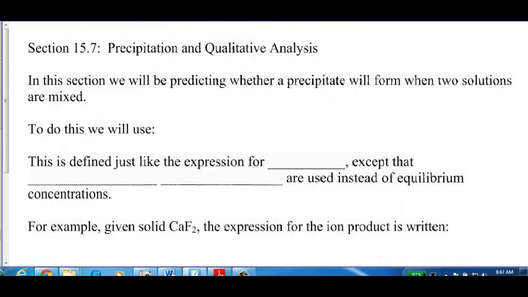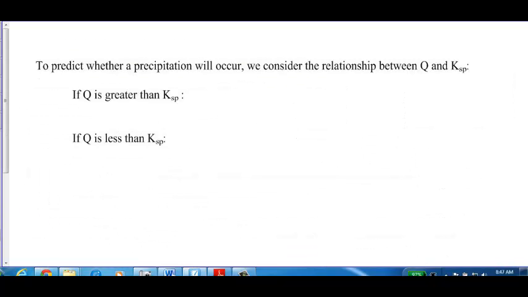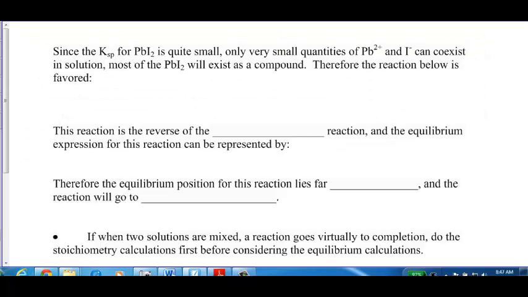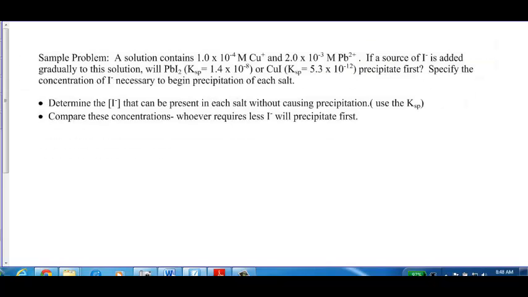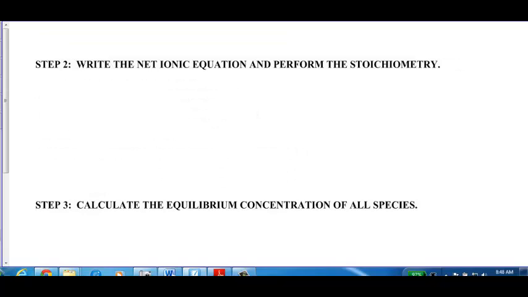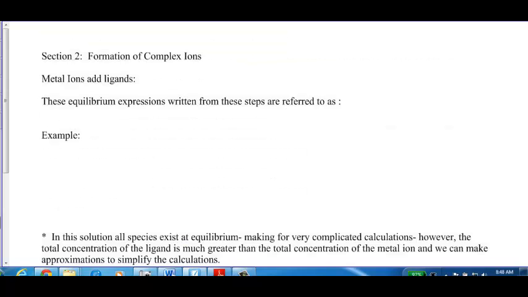Okay. Uh-oh. That's not what I want. I want common ion effect. Let's find that. That's not next, right? Is common ion effect next? Yeah, I thought. Uh-oh, I don't think I have it.